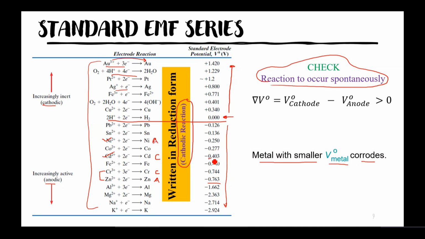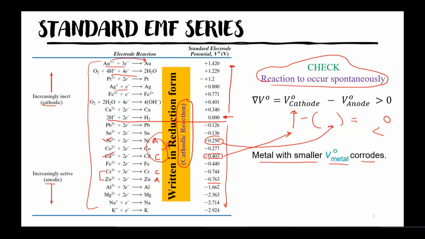I take the standard potential of the cathode minus the potential of the anode, and whatever the answer comes, if it is greater than zero, that means your assumption was correct. But if it is less than zero, your assumption was incorrect. The reaction would not take place in the direction that you have assumed. It would take place in the opposite direction.